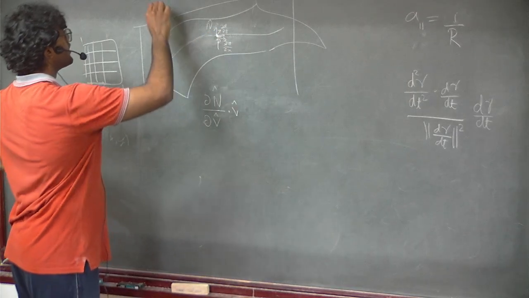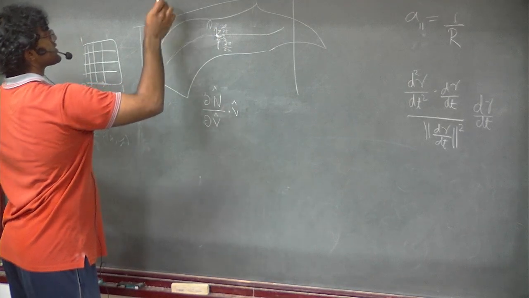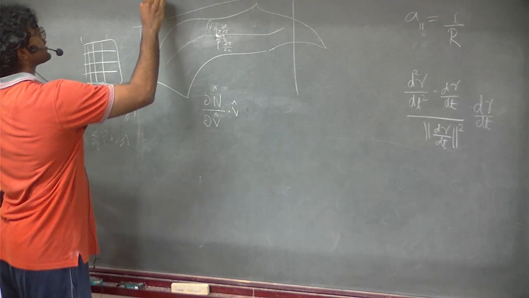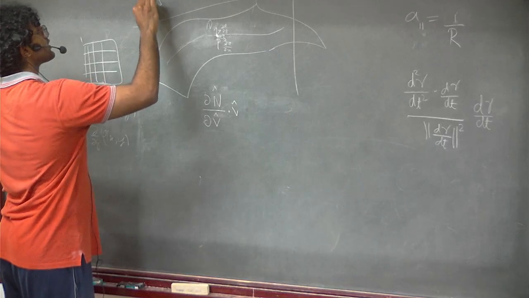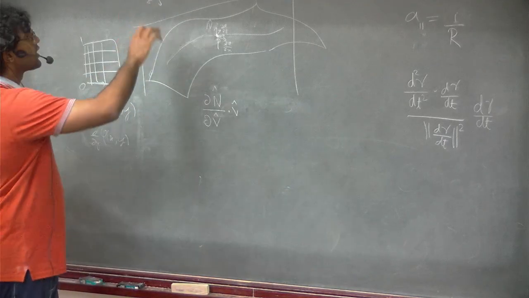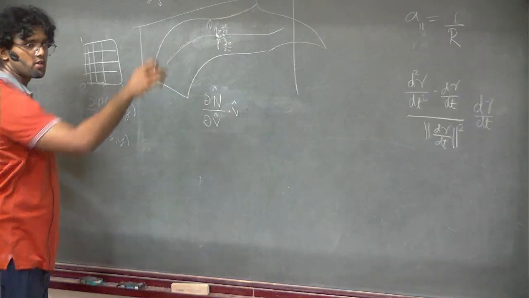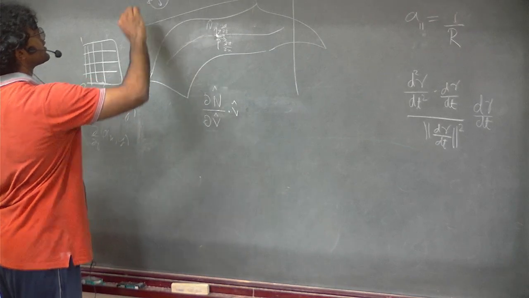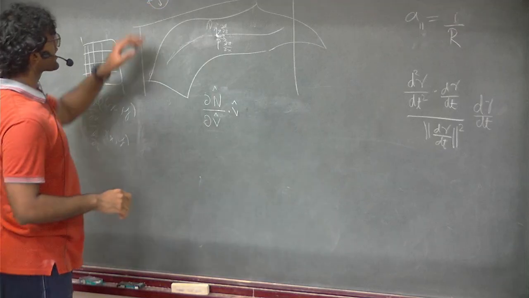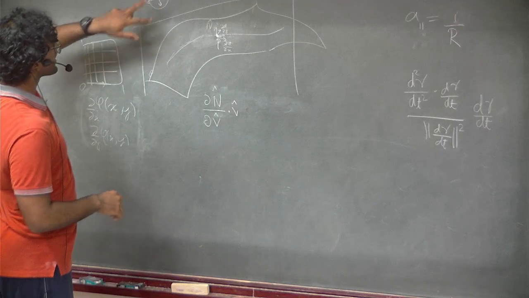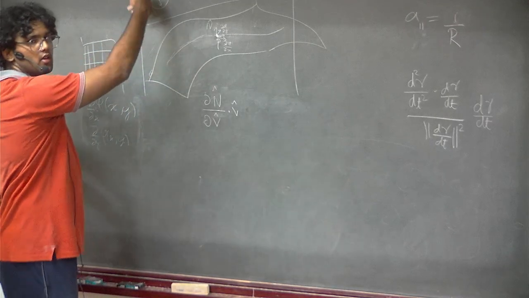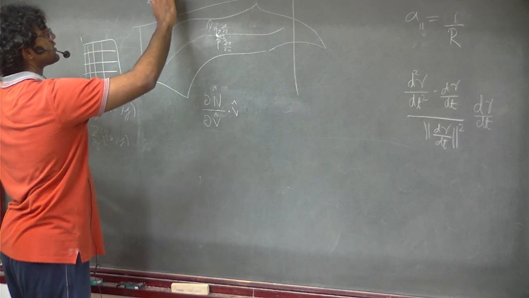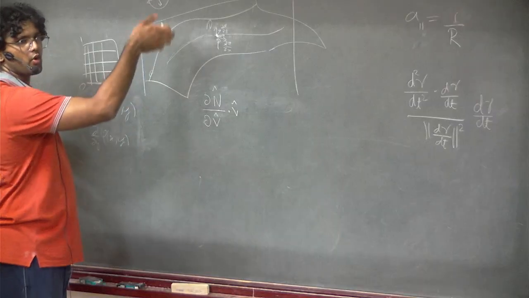so given a point, imagine you're looking at the surface from the top. Given a point P, there's a bunch of unit vectors emanating from P, right? And you can look at all these directions, and you can look at the curvatures in all these directions. So essentially, you're thinking about curvature as a function of the unit circle, because a unit vector is a point on the unit circle, right?